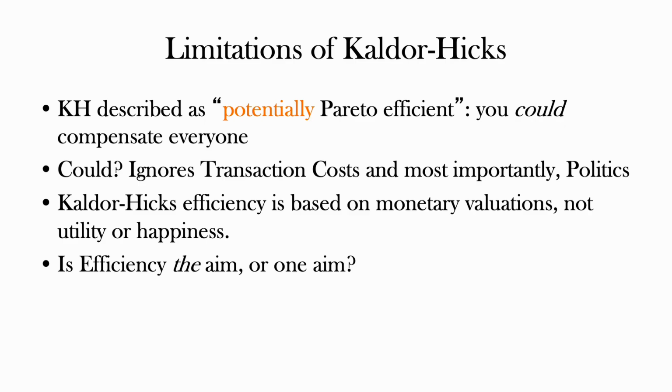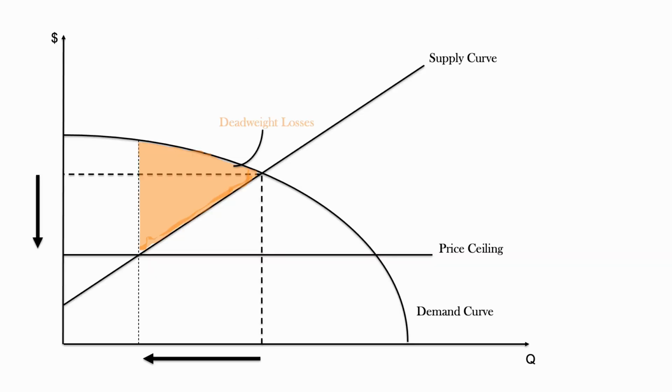Okay, let's go back to this diagram now and consider something further. We know that when we have a price ceiling in place, there is a deadweight loss being created, or a loss of efficiency that's created.